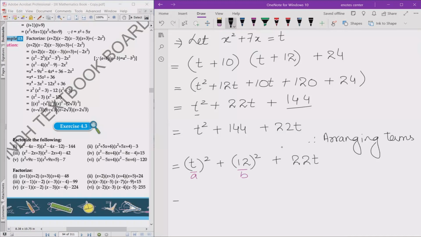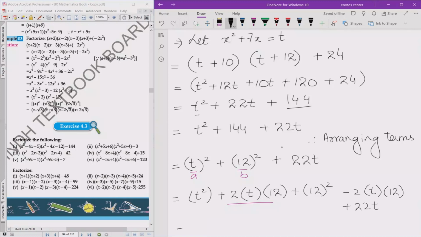So this one is t squared plus 2t and 12 plus 12 squared. Now we have added this term, so we have to subtract this term as well. So first we will subtract this one, minus 2t multiplied by 12, and this one is plus 22t, right?